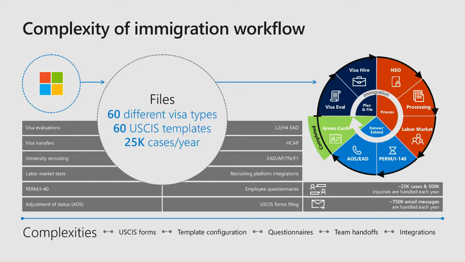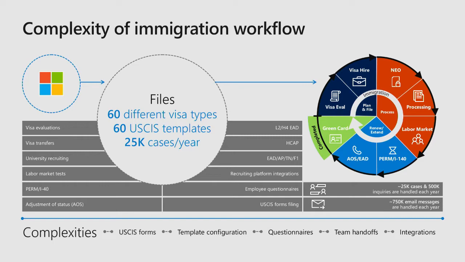In terms of the complexity, as I said, we are dealing with different USCIS forms which have to be pre-populated and automated and then submitted to the USCIS. We are looking at the configuration of different surveys and the questionnaires which the employees have to fill for the USCIS forms to be populated.